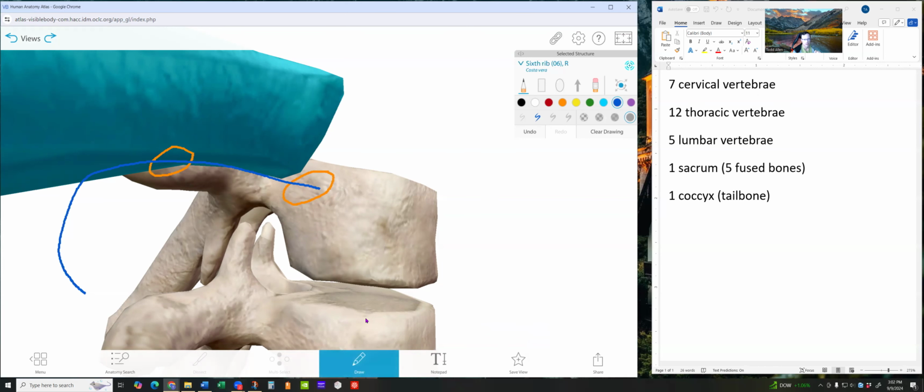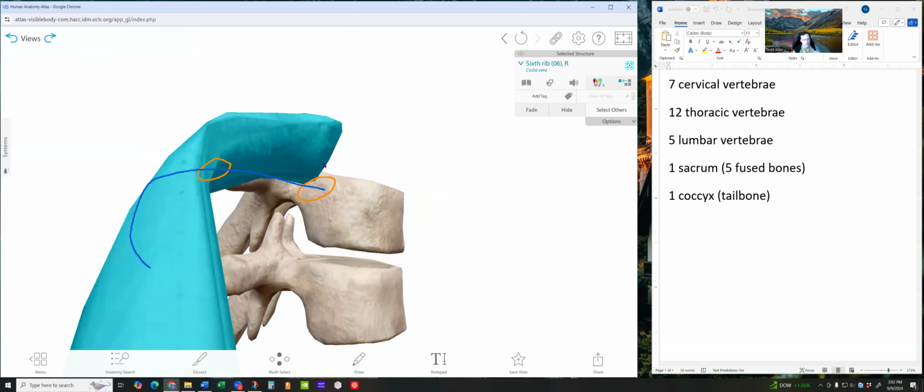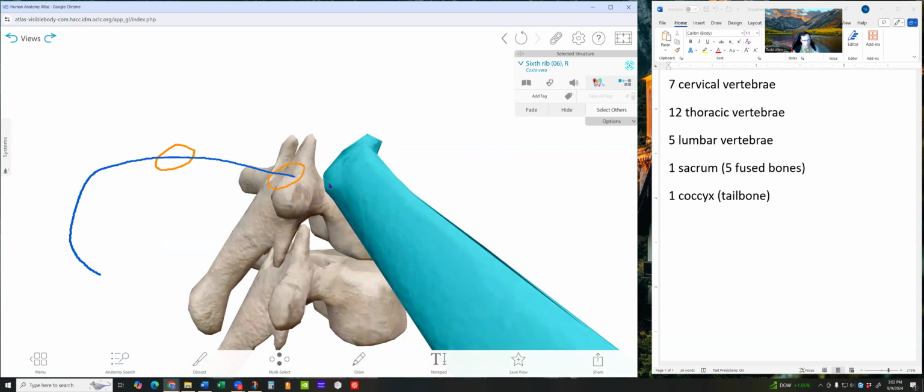Okay, let's take a look at this. Let's shrink this down. You can see the head of the rib here is attached roughly to the body of the vertebra here. And the bumpy part of the rib, where my cursor currently is, called a tubercle, is touching right here, which is the transverse process of the vertebra.